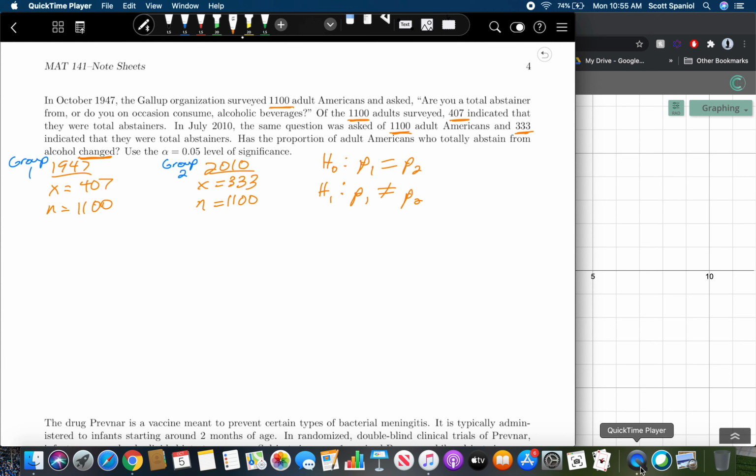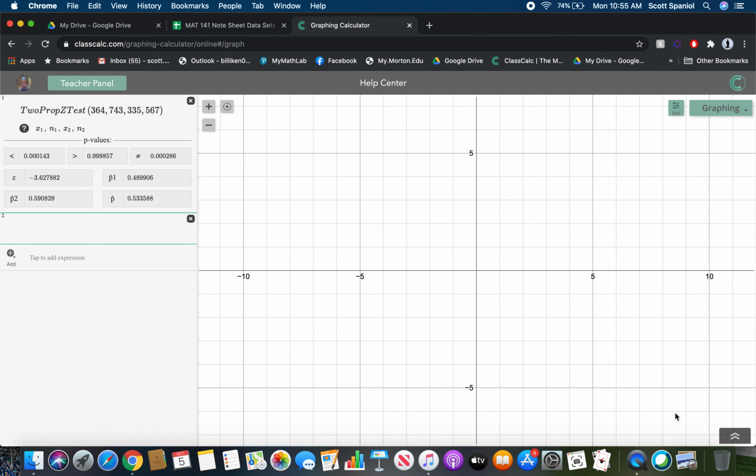Okay, and so now that's all the information we need in order to do our hypothesis test, right? The information we need are the X value and N value for group 1, the X value and the N value for group 2, and which direction or two-tailed is our hypothesis. So now we can go into the calculator and we can do 2-prop Z test, and the shortcut for that is just these capital letters TPZT.